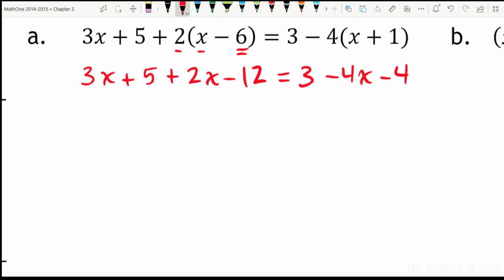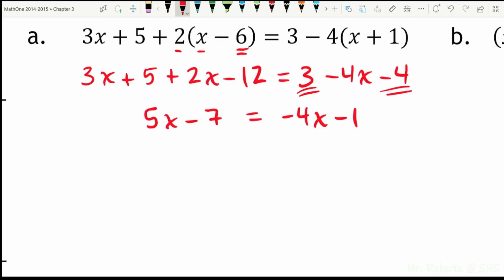I've got a 3x and a 2x, which I believe is 5x, minus the number 7, right? That's what I get with the positive 5 and the negative 12. On the other side, I'm going to have a negative 4x and then a negative 1. The negative 1 is the result of combining negative 4 with positive 3.